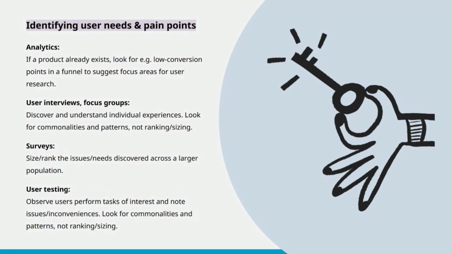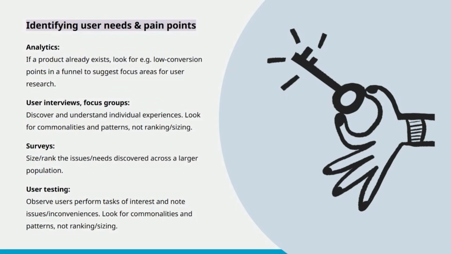Here, analytics can be a really good starting point because it gives us information about user dropout, for example, or whether users spend a long time in a certain step. And it can give us cues as to where to start digging for issues.